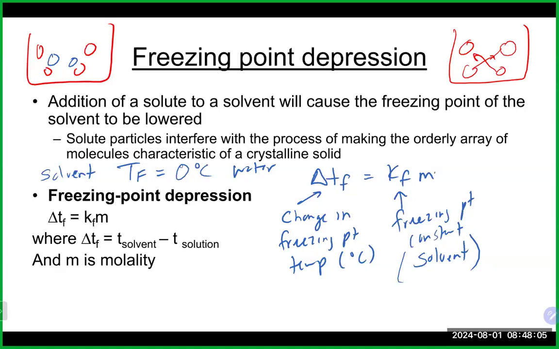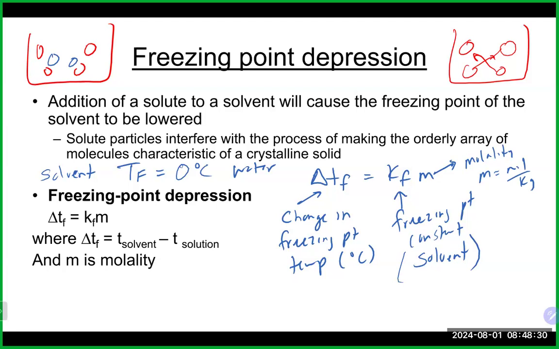Now the m here is our molality, not molarity. So this is our moles per kilogram of solvent. So that is our molality in this particular case. Now, because the freezing point temperature actually decreases, it gets smaller than where it started.